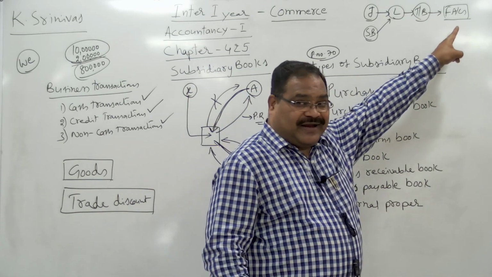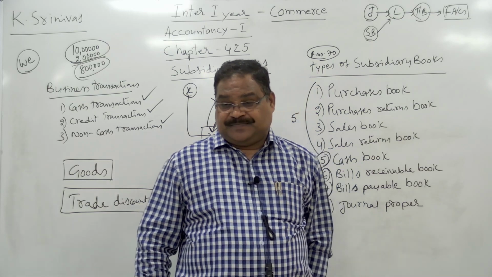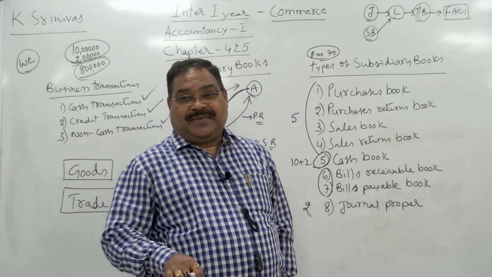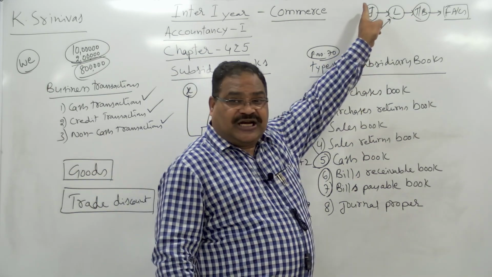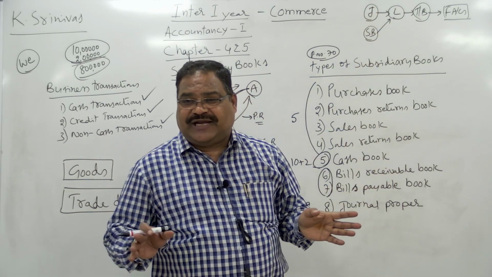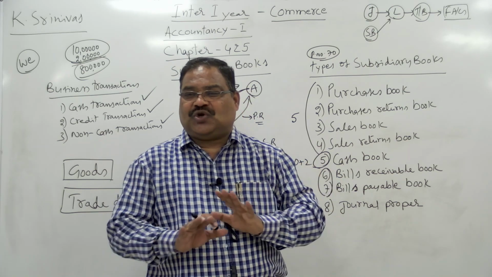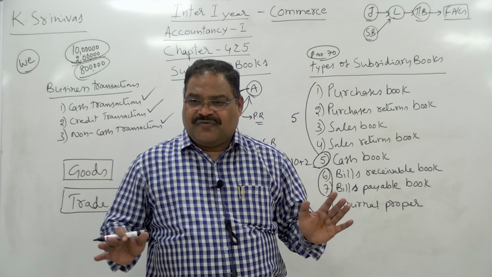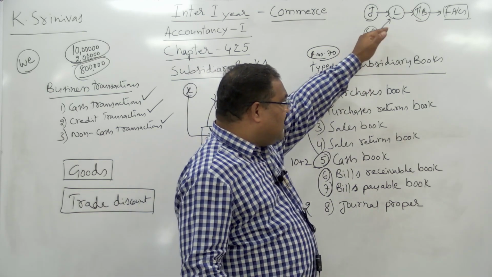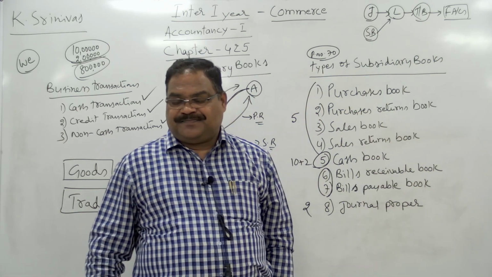We can prepare the final accounts on the basis of journal, ledger, trial balance and final accounts. At the same time, instead of going for the journal, we can go to the subsidiary books, because where the business organization is big, the journal is not suitable. We should go for the subsidiary books. From subsidiary books, ledger, trial balance, final accounts.